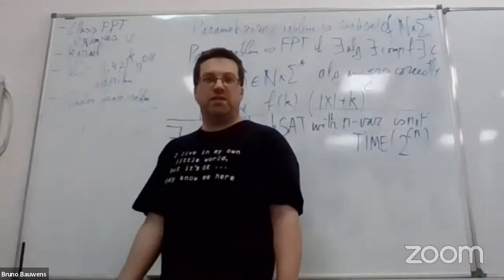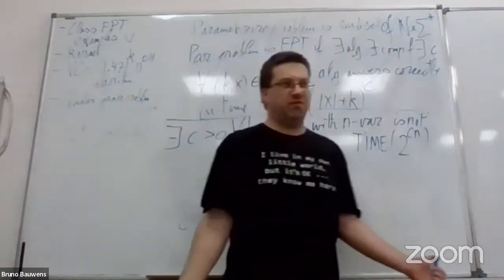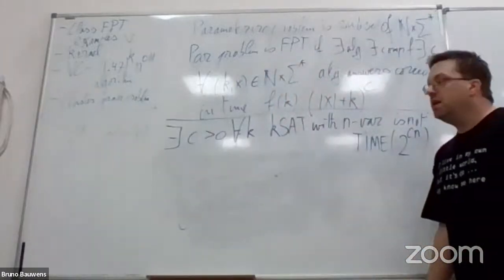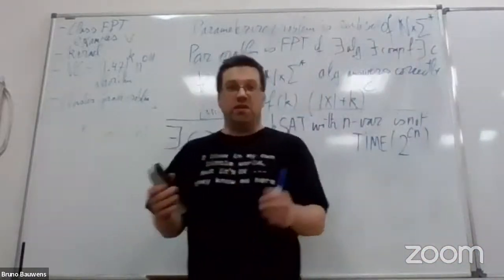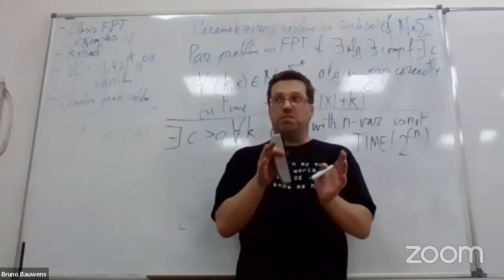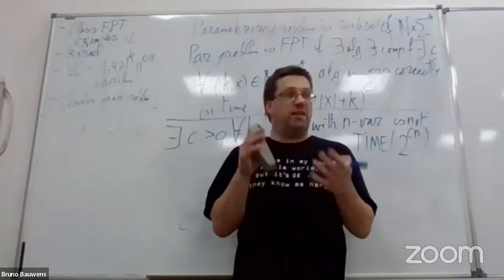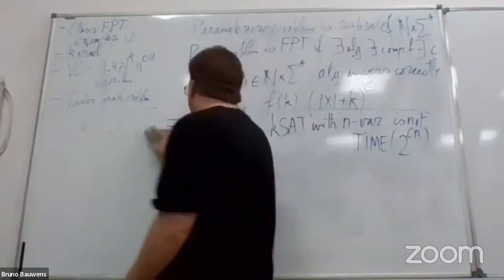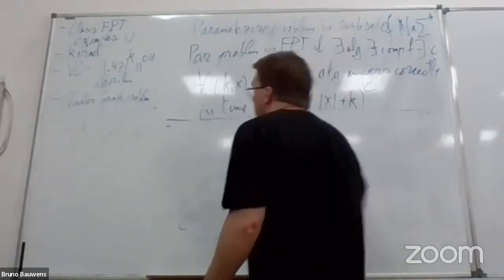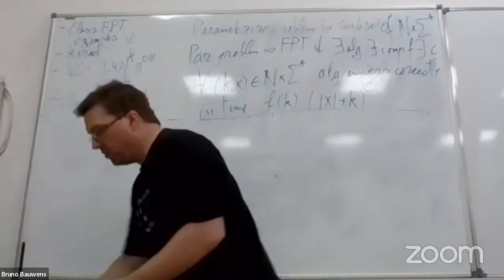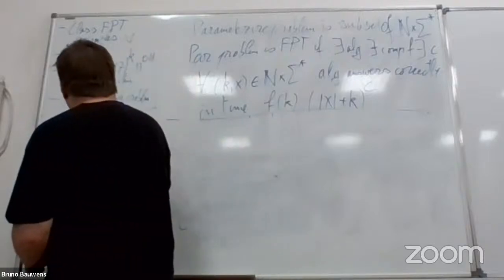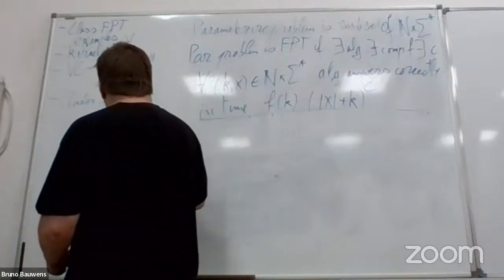I will do it with an example, and as usual, I will use the vertex cover problem. The idea of a kernel is to reduce the size of the problem so that it becomes small, and then we can improve the time a little bit. So what did we have before for runtime on vertex cover? We had 2 to the power k poly n.